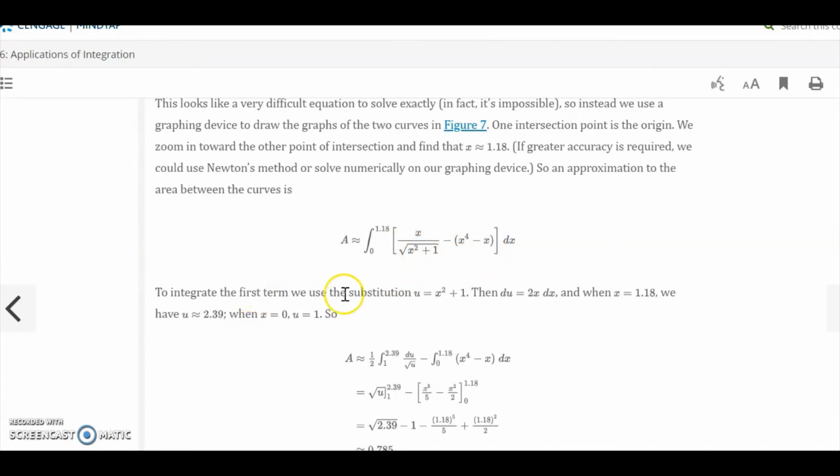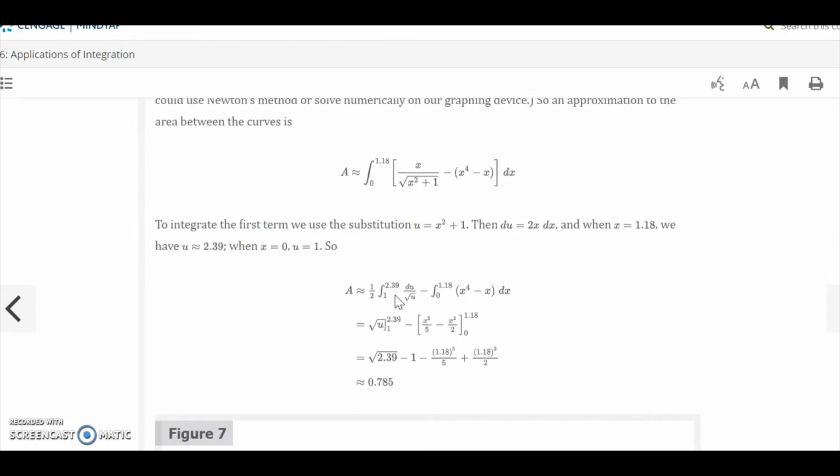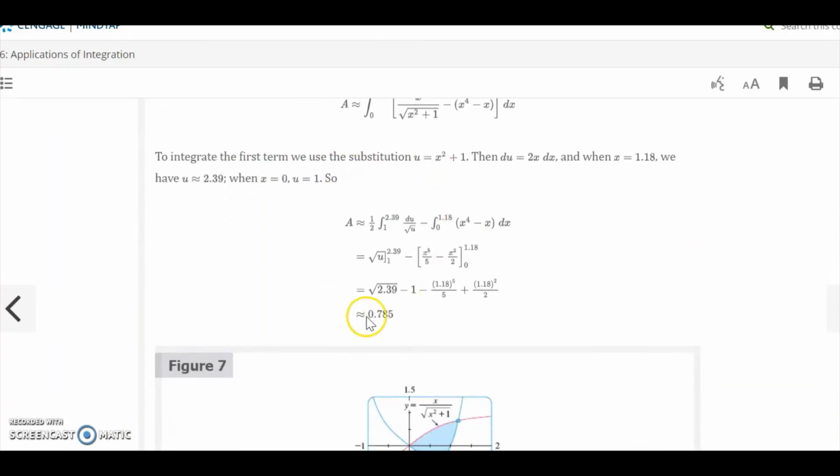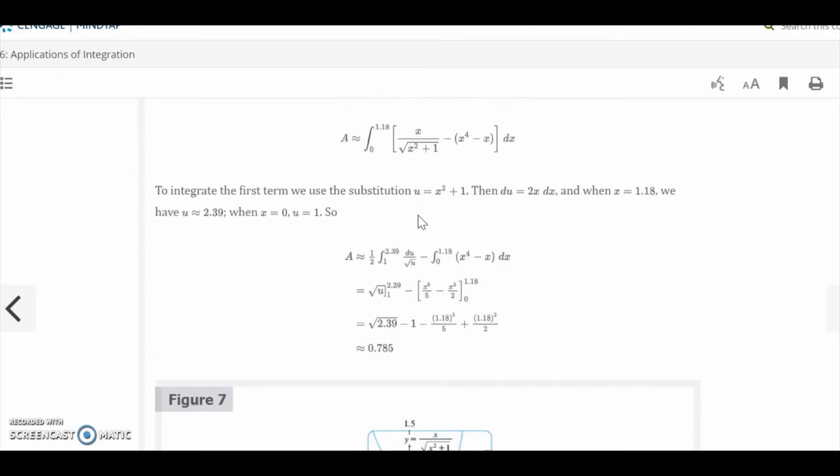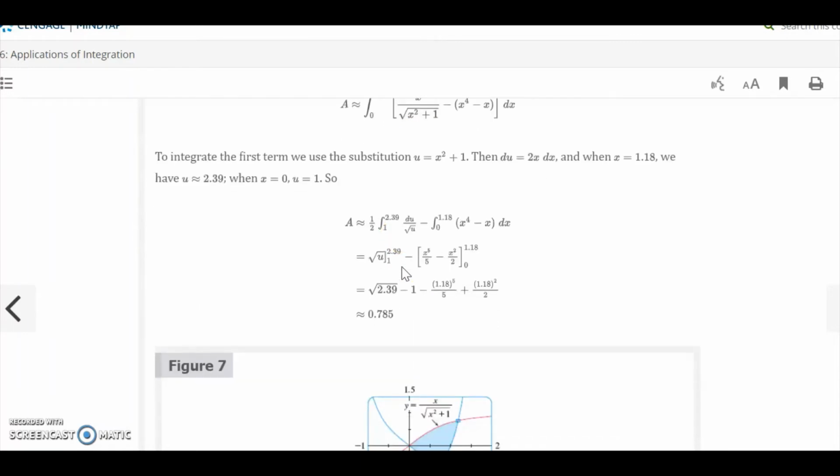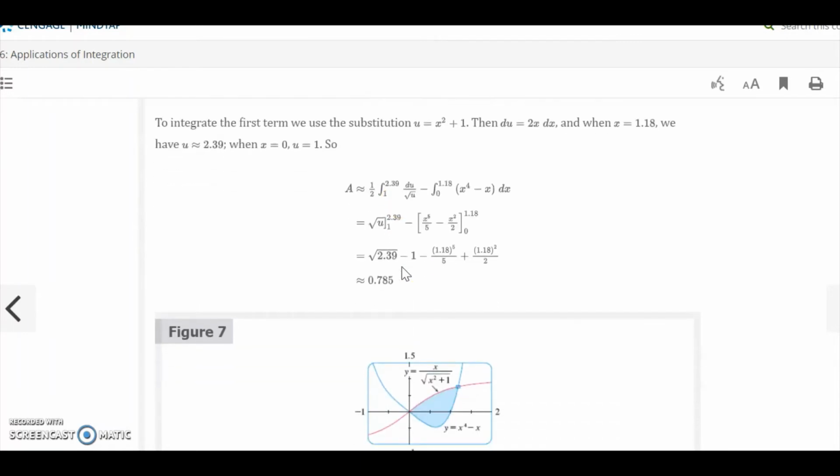Okay, so this one's a little more difficult, not something you would always run into. You have to use U substitution, which we know how to do, but it's a little more tedious for this example because you're trying to find the intersection points using your calculator, and then you're doing U substitution and all that stuff.